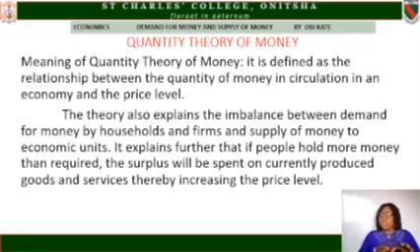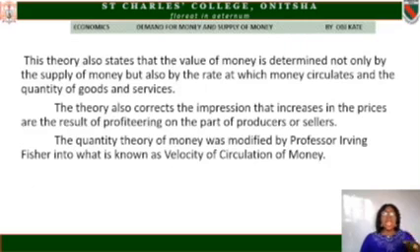And such spending increases prices of goods and services in the society. This theory also states that the value of money is determined not only by the supply of money, but also by the rate at which money circulates and the quantity of goods and services available in the society.